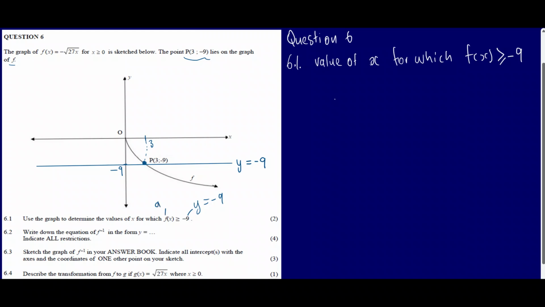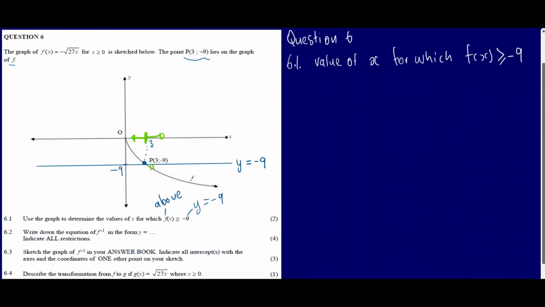So we're looking for where the graph is above minus 9. Where is the graph above minus 9? If you've been paying attention, you would have noticed that the graph is above minus 9 from this x value going to the left.